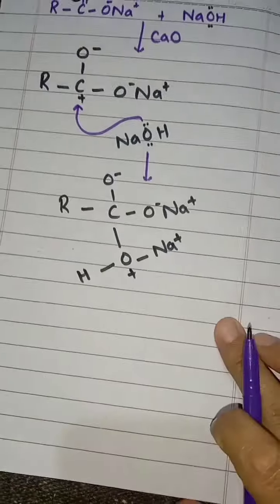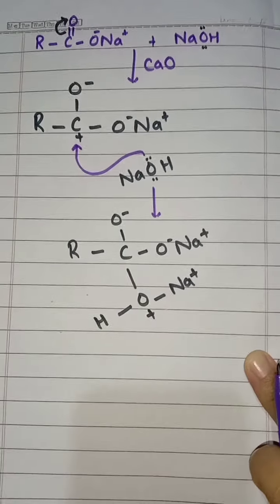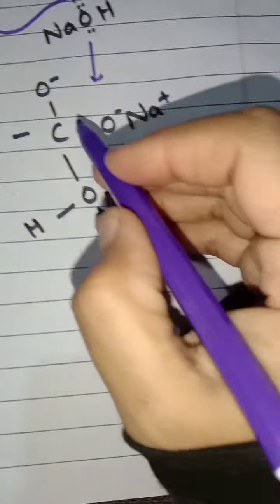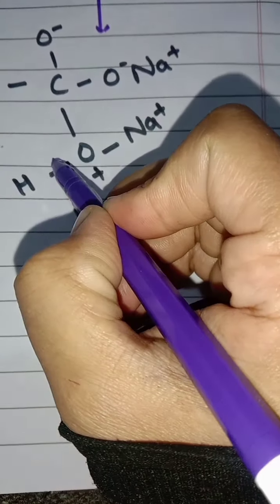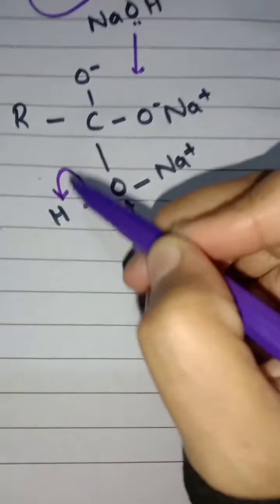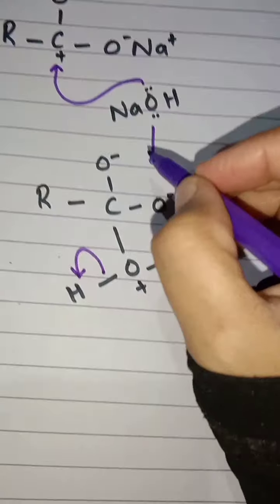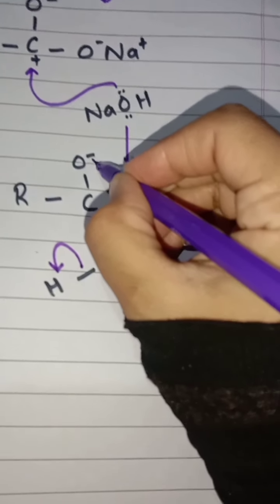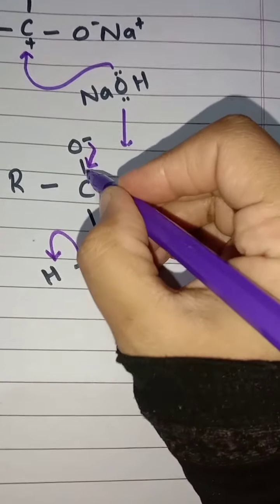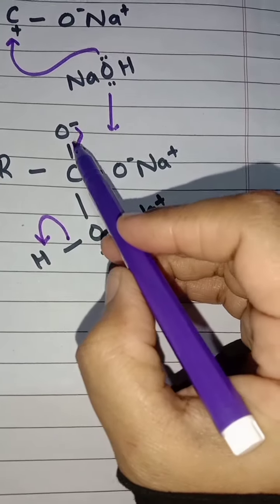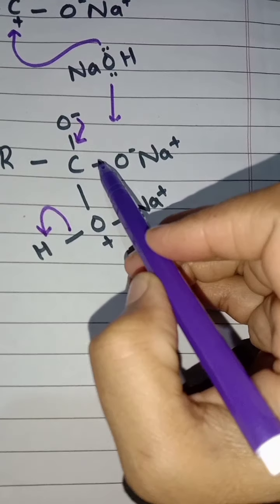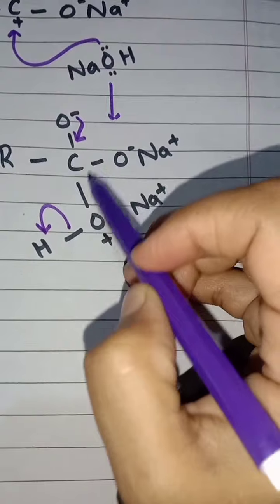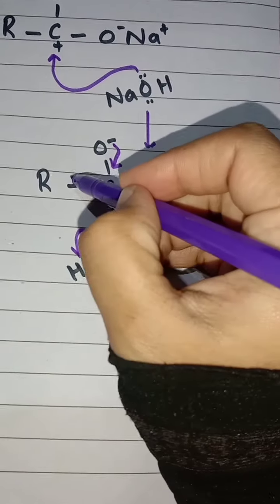It causes instability of oxygen, as oxygen forms only 2 bonds, its valency being 2. So to remove this, this bond will shift over this hydrogen. Meanwhile, as this bond shifts over here, it forms a double bond. Oxygen has a double bond here: 1, 2, 3, 4 bonds, and this is an extra fifth.